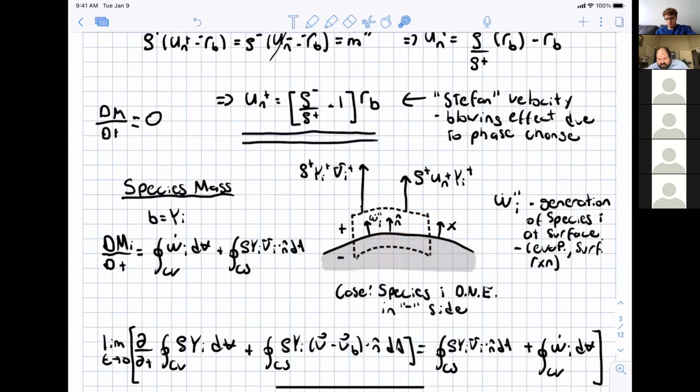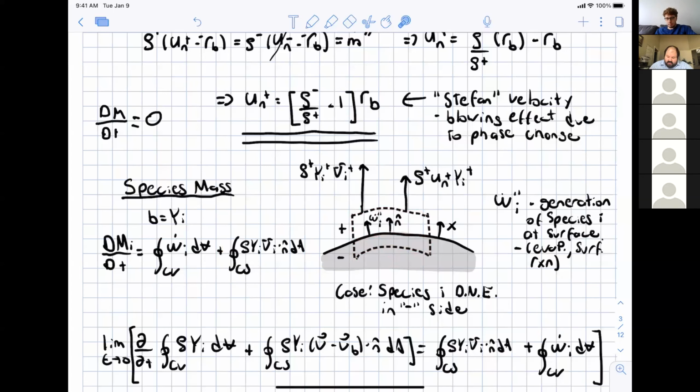But you can also see that if you are a chemical engineer worrying about dissolution and things like that, then you may have to worry about that stuff. So species mass is probably the conservation law that gets a little bit tricky for an interfacial control volume. You really have to think about your quantities.